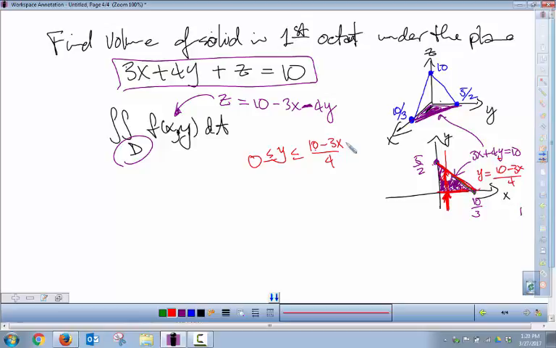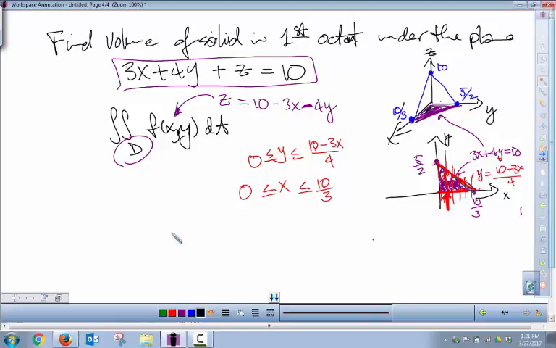Now that I can go in through my y, I can make my y cuts all across. But I need to know when I'm starting my x and when I'm ending my x. So what are my x limits? 0 to 10/3. Always have to be constants, right? Outer limits are constants.